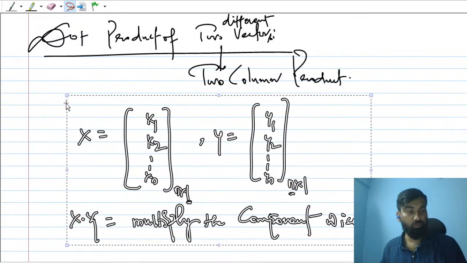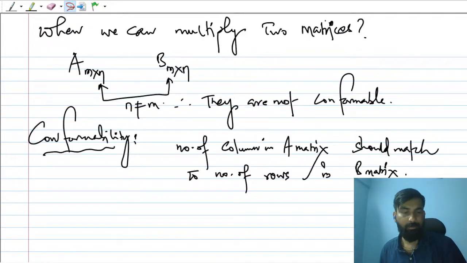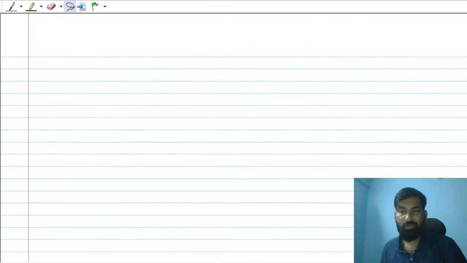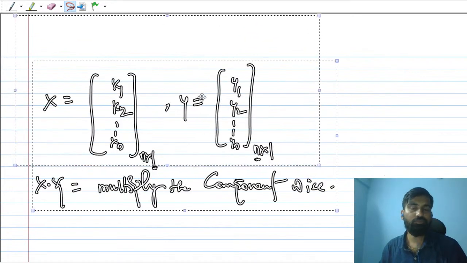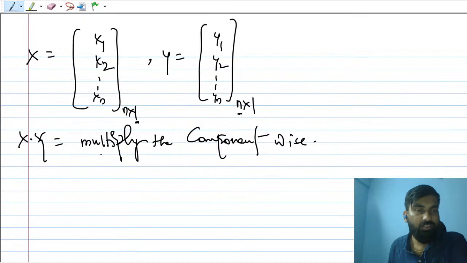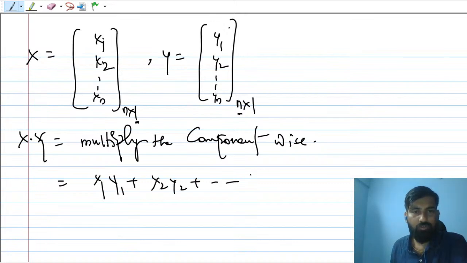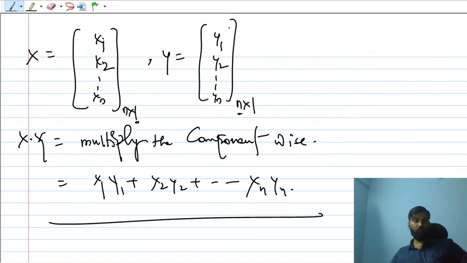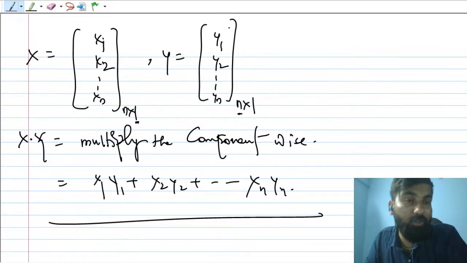Okay, the dot product of two vectors is very, very important. So basically in terms of matrices, you see here, what we can do here is take the components x1 and y1. Just multiply x1 y1 plus x2 y2 plus and so on up to xn yn. Simple. The dot product of two column vectors is very simple. What we will do is directly perform the multiplication component wise.